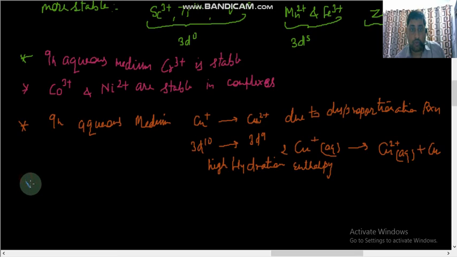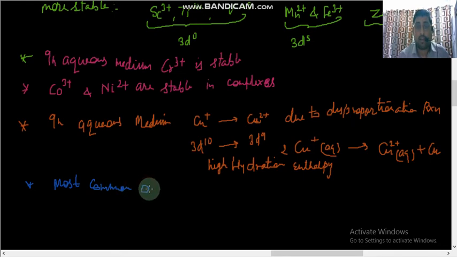Now the most common oxidation state among the transition elements is +2.